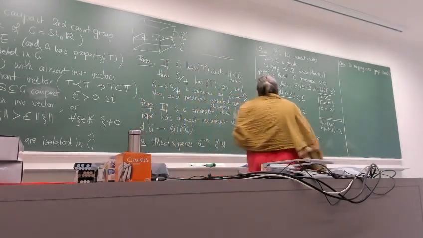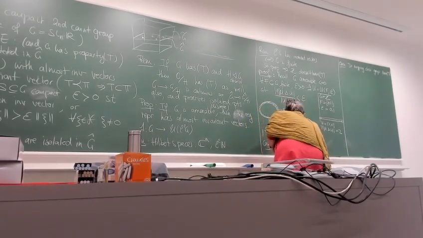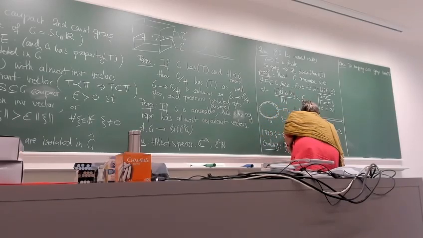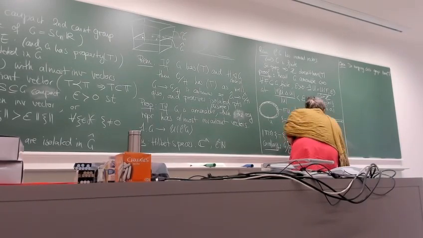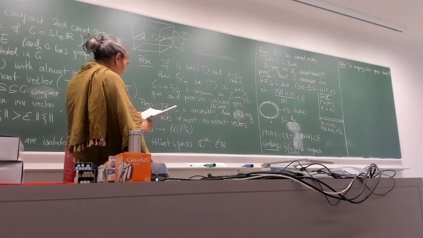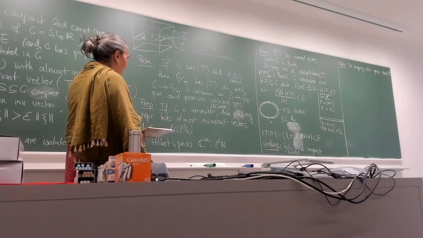And as a corollary, if G has property T, then the abelianization of G is finite or compact. Right.